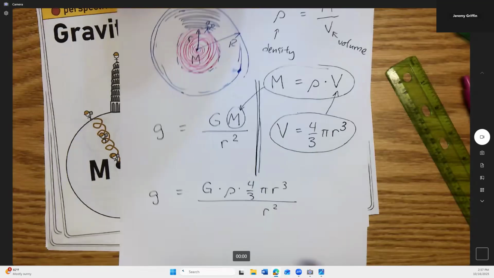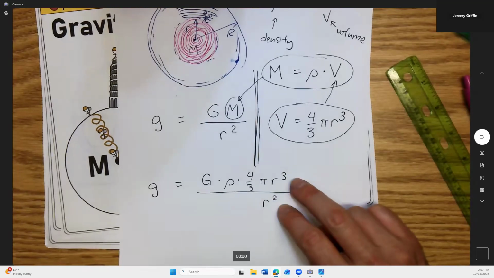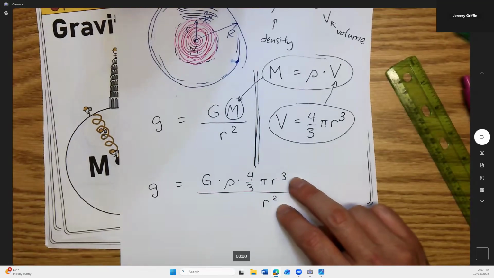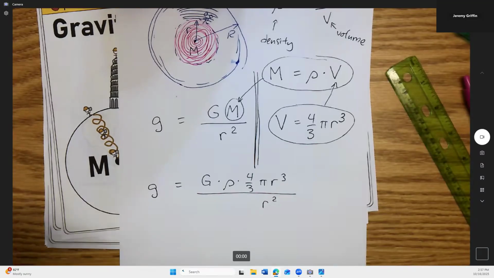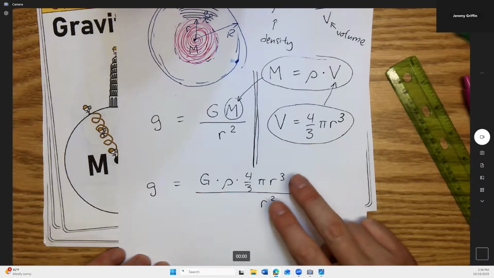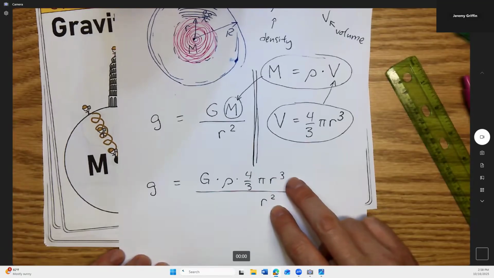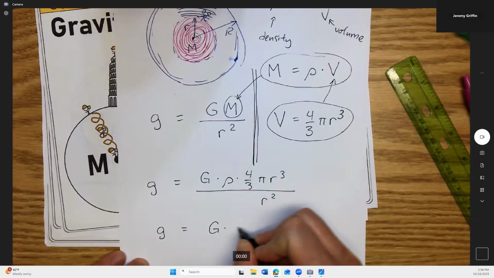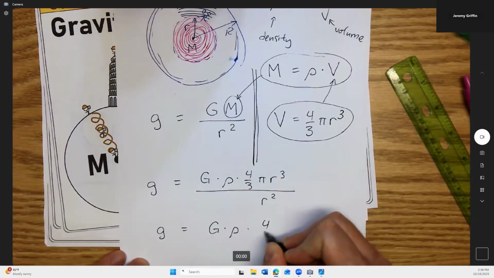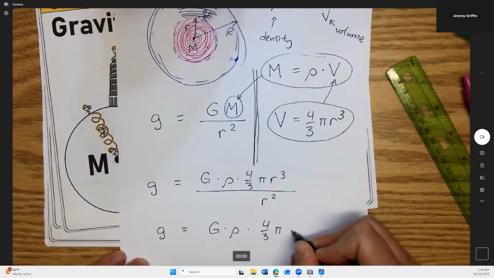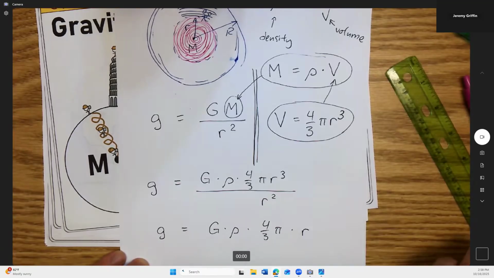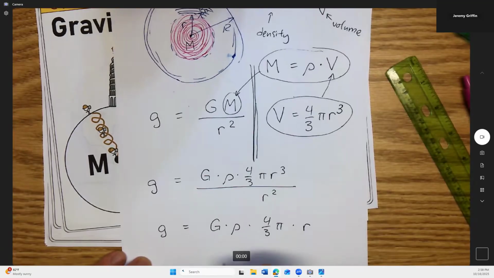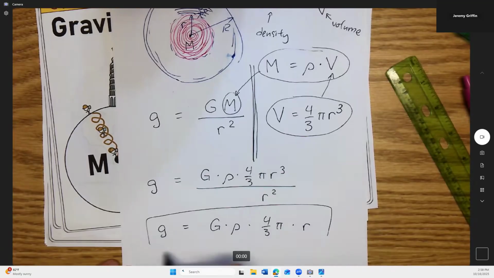Now, guys, what's r cubed divided by r squared? R. So gravity is the universal gravity constant times the density of Earth dirt, times a 4/3 pi in the mix, and this just boils down to R. Just R.